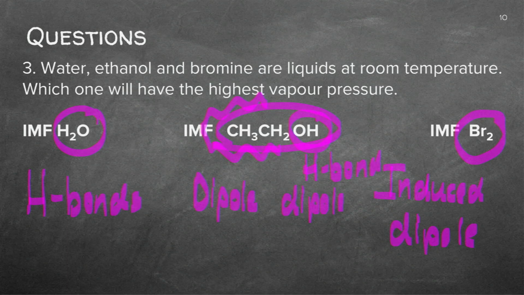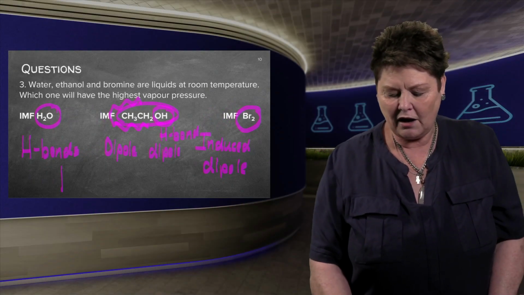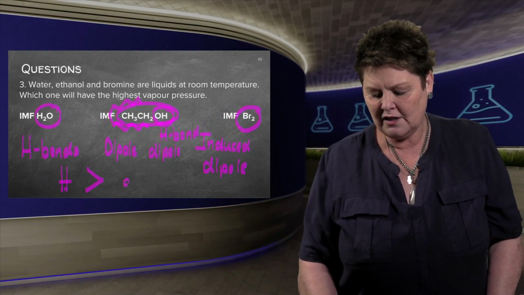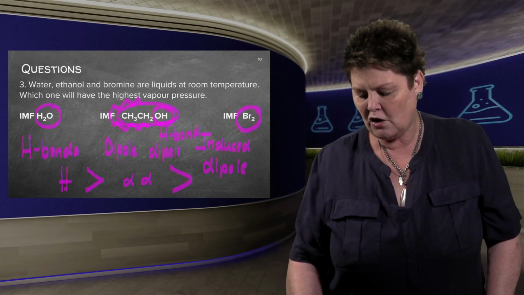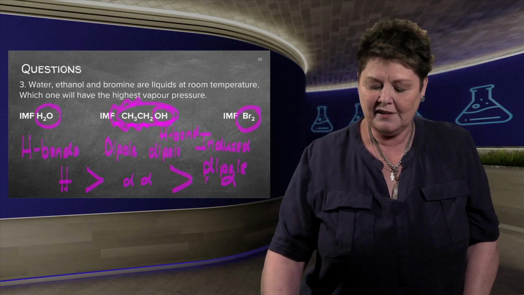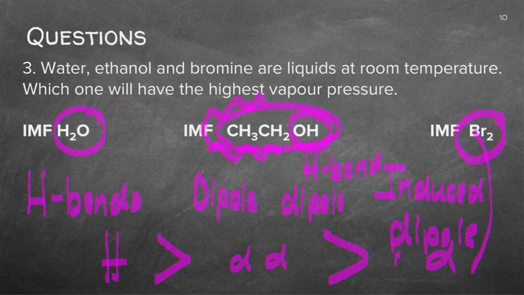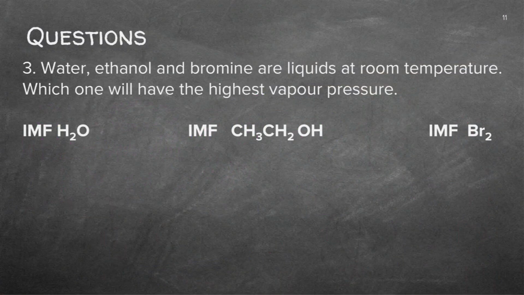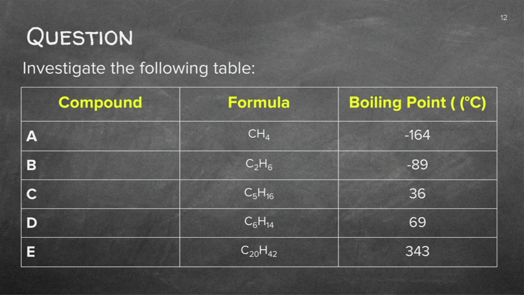This corresponds with our theory that hydrogen bonds are stronger than dipole, which is stronger than induced dipole. Therefore, this will have the greatest vapor pressure. So we've answered the question. Let's get to the next question.